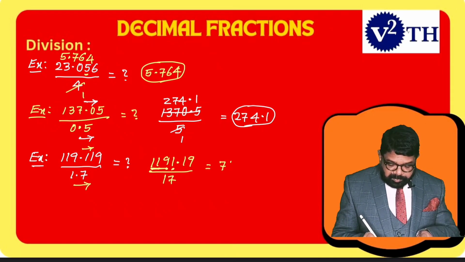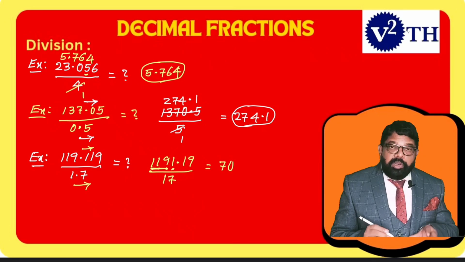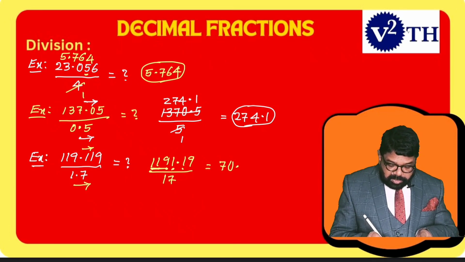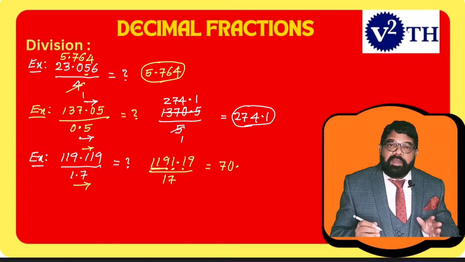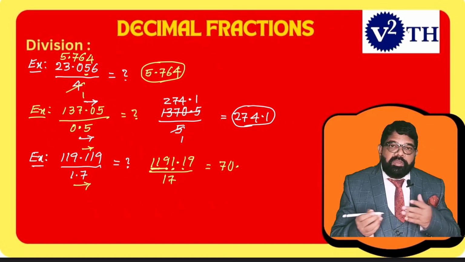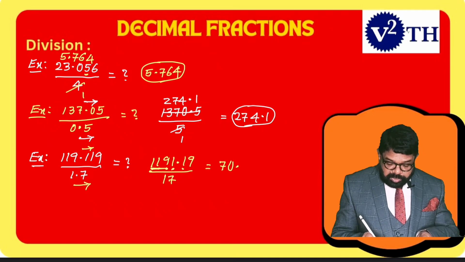Okay. Then only take another digit. Another digit means the decimal is there, put the decimal. Now take 1. 11. 11 is also not divisible. 11 is also not divisible, so take one more digit. When you take one more digit, put 0 here. Take another digit. So 119 now. 77, sir. So what is the answer?